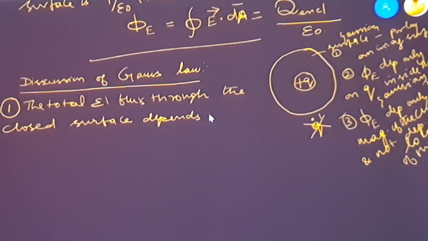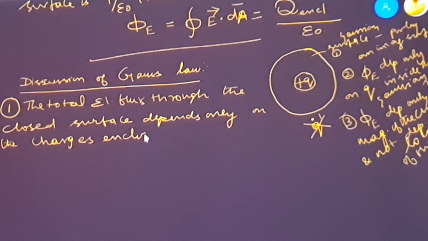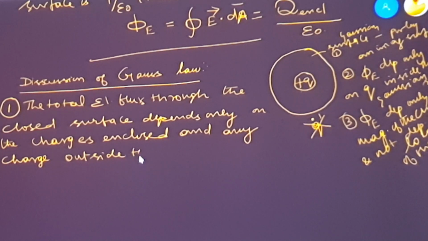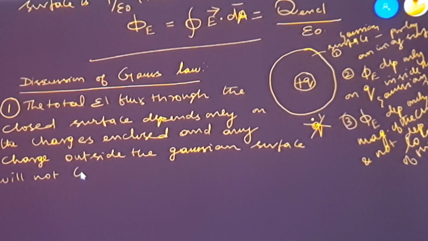depends only on the charge or charges enclosed, only on the charges enclosed, and any charge outside the Gaussian surface won't contribute any flux, or I can say will not contribute any flux to the closed surface or to the Gaussian surface.